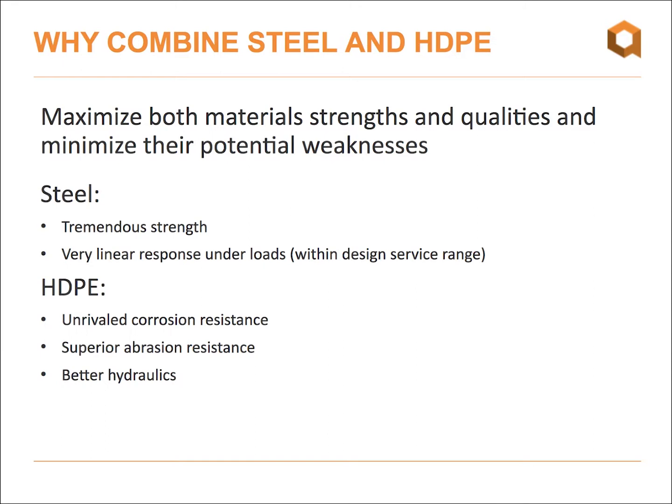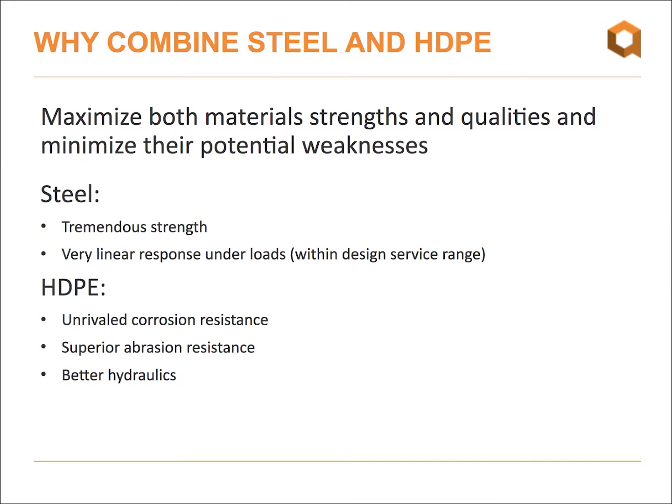By combining steel and HDPE, we want to maximize both material strengths and qualities, and we want to minimize as much as possible their potential weaknesses. So for example, if we're looking at steel, we know that steel offers you tremendous strength and resilience. It also has a very linear response to loads when it is used within the design service range for what it is intended to.